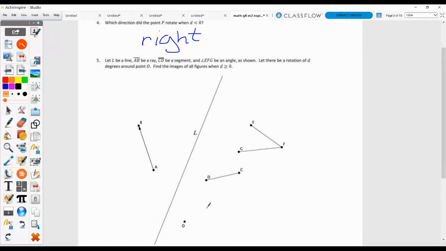And as soon as you get that drawn, we're going to go ahead and rotate. And if our rotation is greater than or equal to 0, we know we are going left. And so we rotate it, keeping our point on O. So make sure you're holding O and rotate left however many degrees. It doesn't matter, as long as it's greater than 0, and go ahead and draw those shapes.